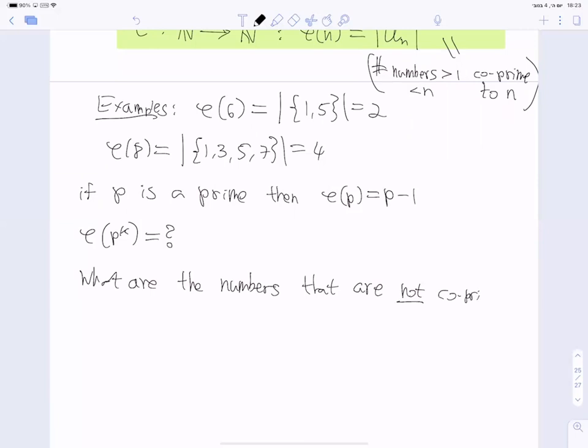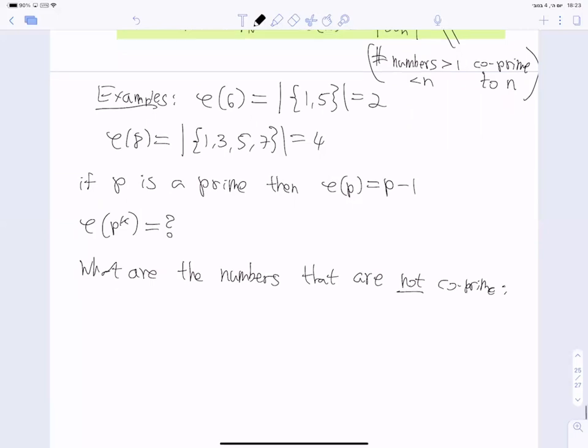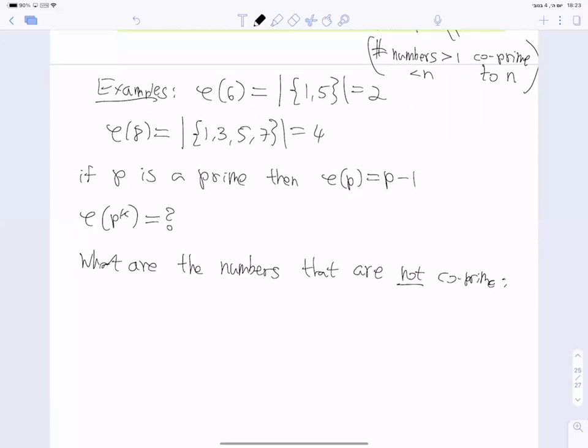I mean, which have some mutual divisor. One is a coprime. So we have P, 2P, 3P. Anything, you must have P in some power.